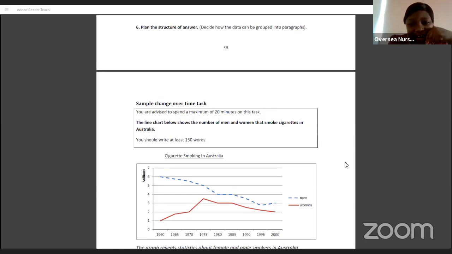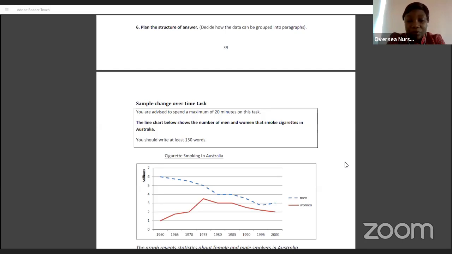So if I have an overall statement saying that overall, the number of male smokers reduced drastically, or declined, while that of the females increased significantly. Is it correct or not? It's correct. Don't worry, I'm the examiner here. So if I decide to say that, it's correct.